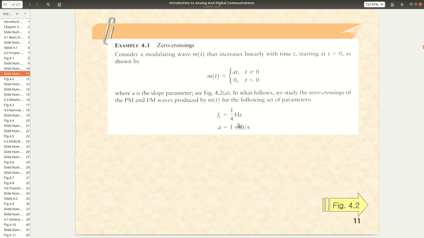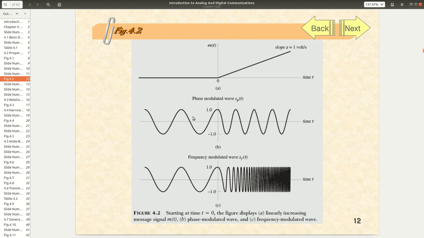Here is an example of m of t, the signal, where t is higher than or equal to 0, and 0 otherwise. So this is m of t. Here is the phase modulating signal on the carrier. You see here, when it is 0, the signal goes up and down directly.